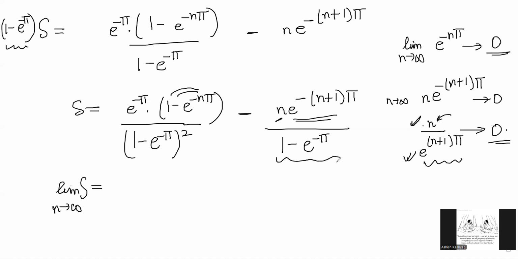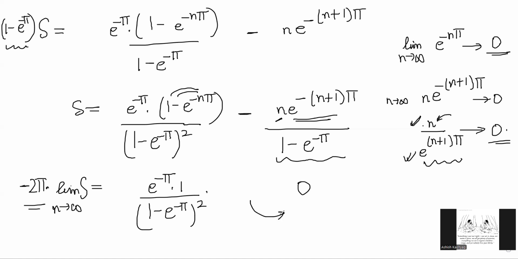So the second term vanishes and the first term becomes e power minus pi into 1 by 1 minus e power minus pi whole square, right? And remember, we had a minus 2 pi attached in front. So what we get here is minus 2 pi e power minus pi by 1 minus e power minus pi whole square, and that is the required summation that we needed.